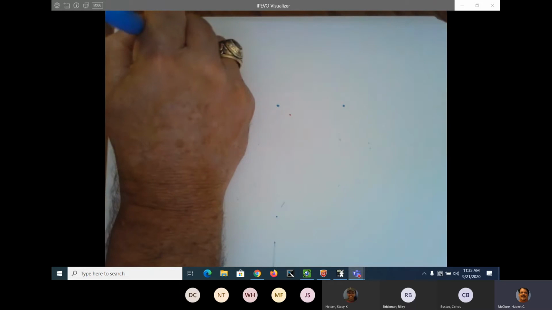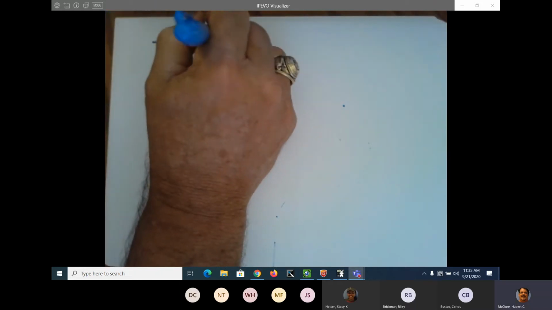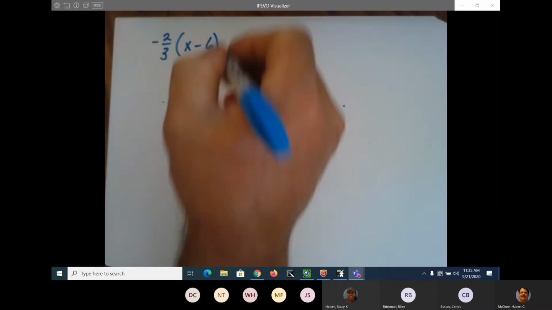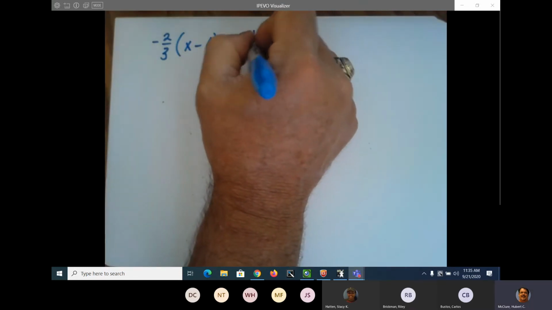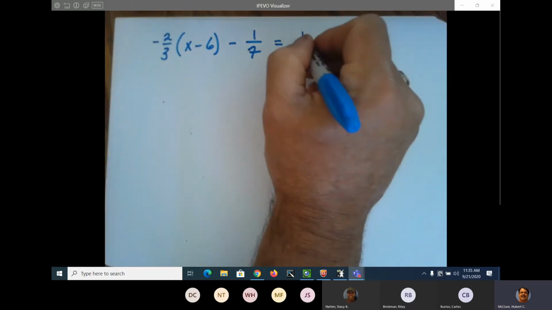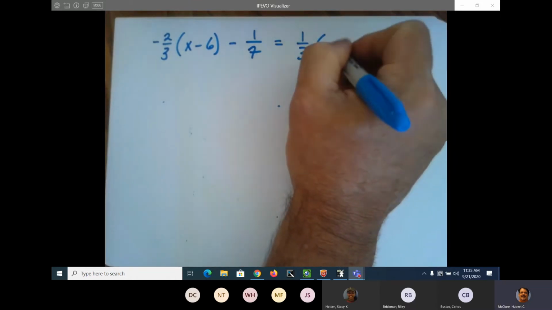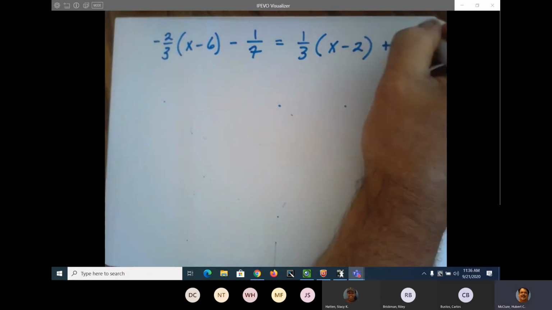Let's try another one. Negative 2/3 times x minus 6 minus 1/7 is equal to 1/3 times x minus 2 plus 2/7.